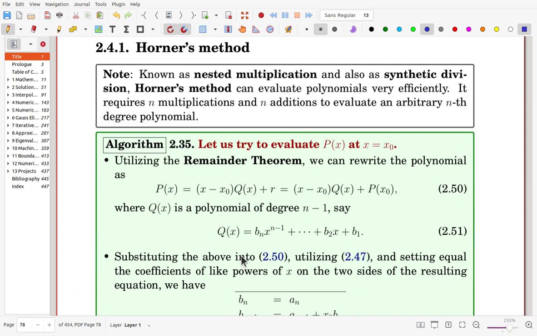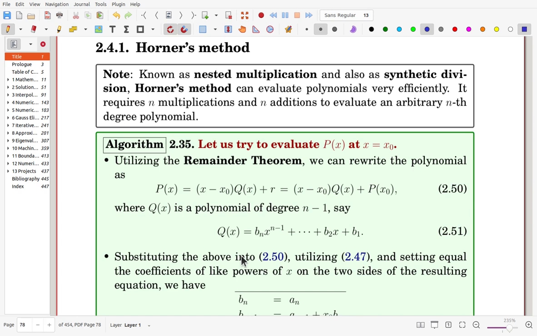The method is known as nested multiplication and also known as synthetic division. You learned this one from high school. Horner's method can be used to evaluate polynomial values very effectively.